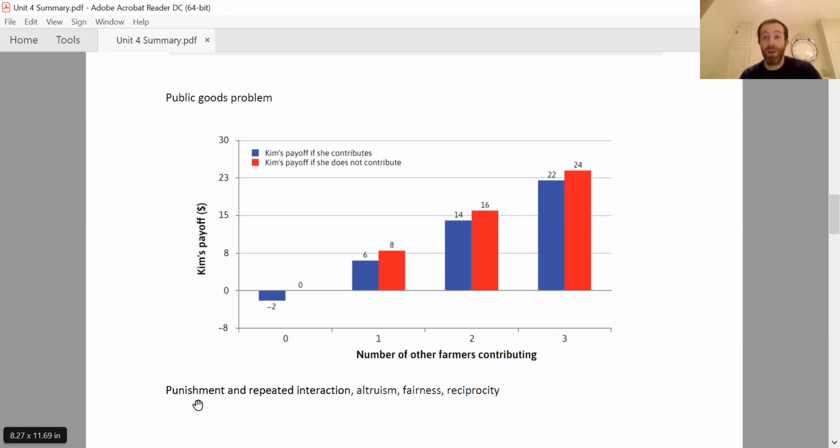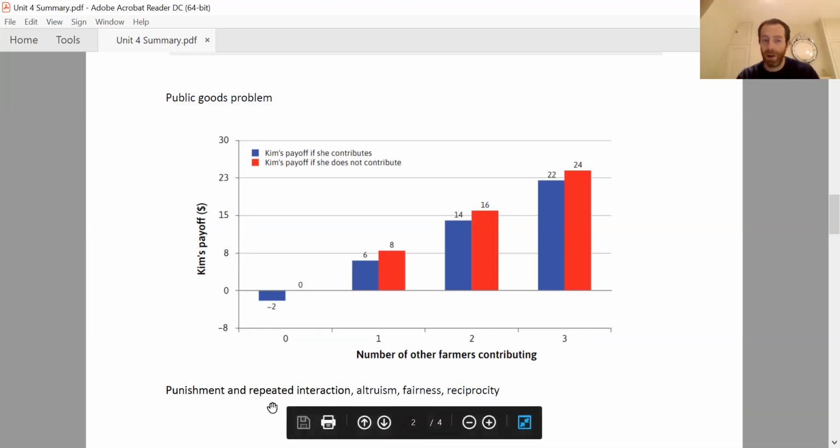They might sacrifice a bit themselves in order to punish the other player, because they're thinking in the long run, this might show them, if you choose the selfish option, I'm going to punish and it's going to be bad for both of us. And so then in the long run, you get better choices all around. So this idea of repeating interactions and being able to punish, that's a key thing to then seeing different outcomes in games.